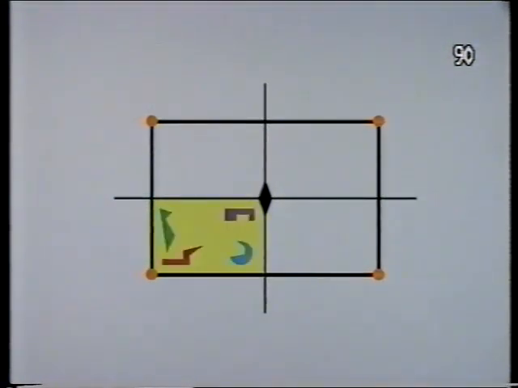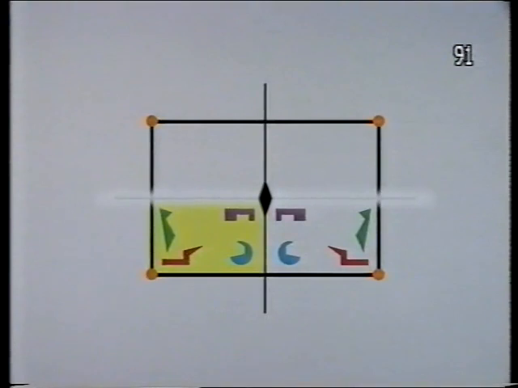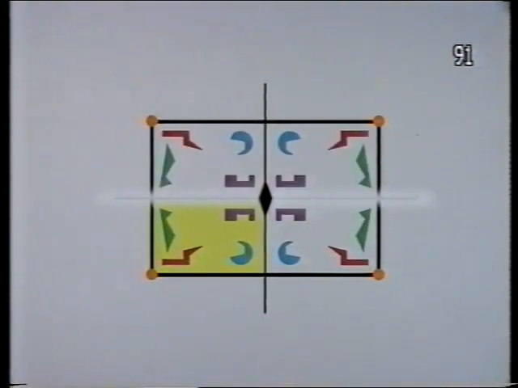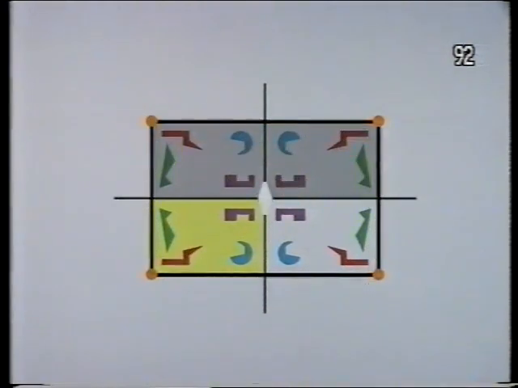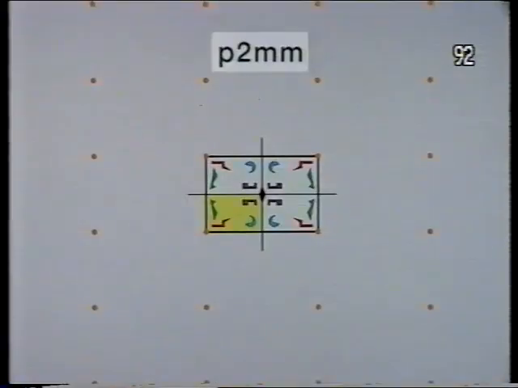Whatever pattern we put in here, we can apply the 2 reflections to it in order to fill the parallelogram. Alternatively, we could use just one of the reflections, followed by the rotation of order 2. And now the pattern can be translated to cover the whole plane.